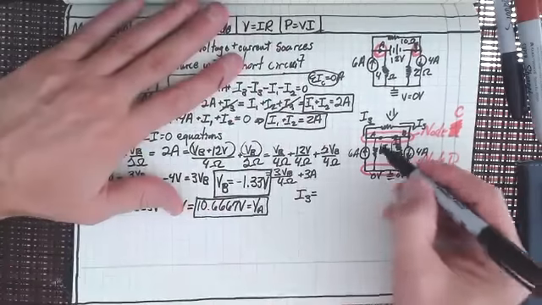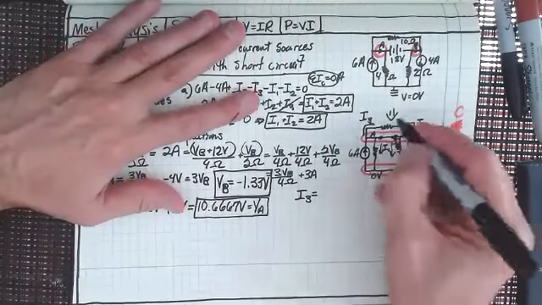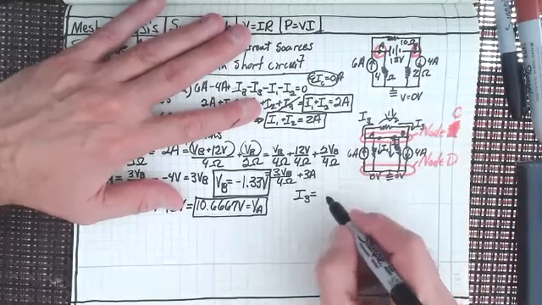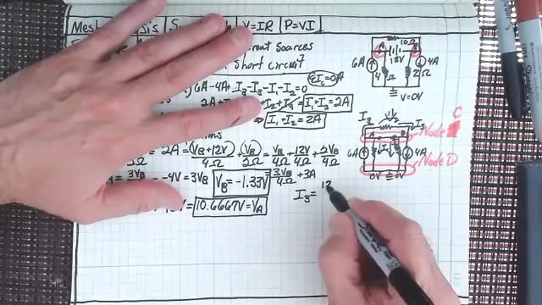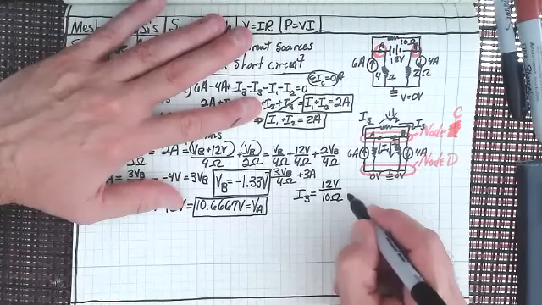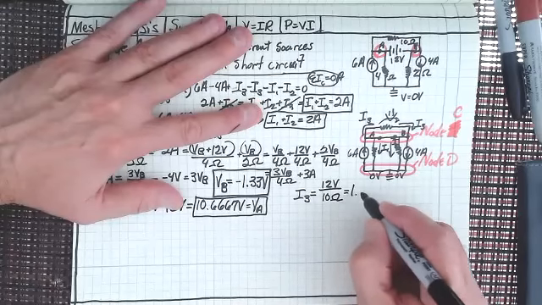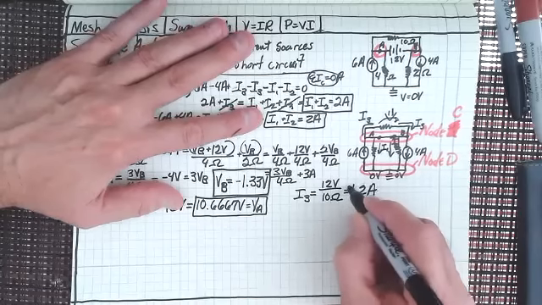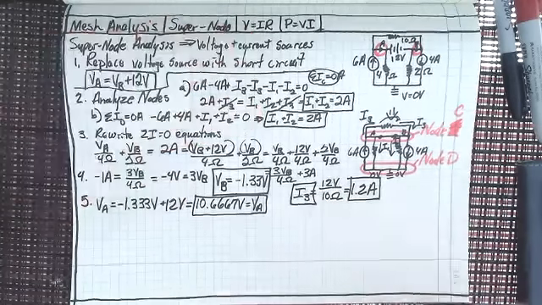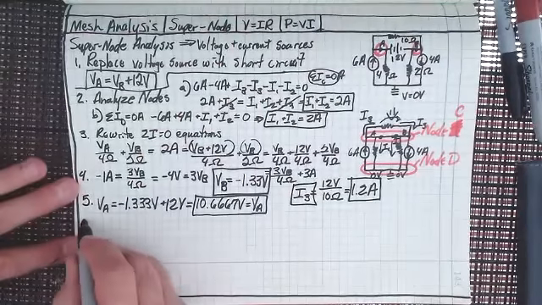So we've got 12 volts. That's delta V going across that resistor. Delta V is going to be 12 volts. The resistor is 10 ohms, right? So I have 1.2 amps flowing through there, right?